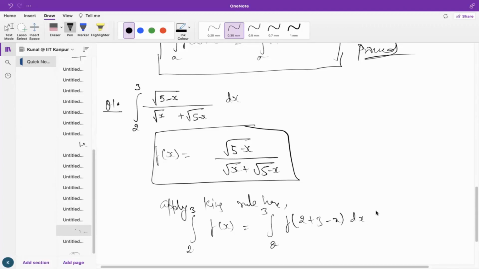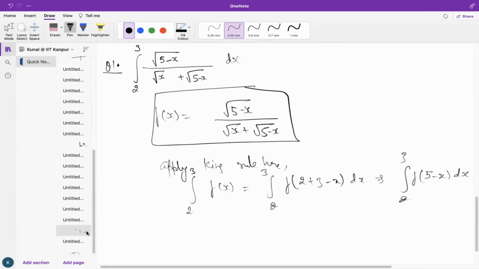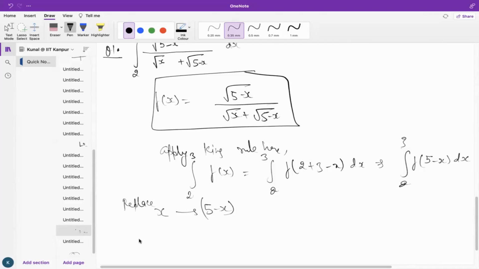That implies integral from 2 to 3 of f of (5 minus x) dx. I hope you all understand what I'm trying to say. So what you have to do is just replace x by 5 minus x. Okay, just do that.